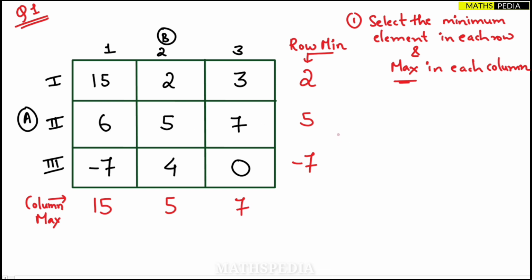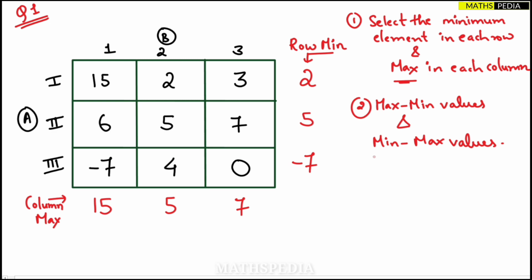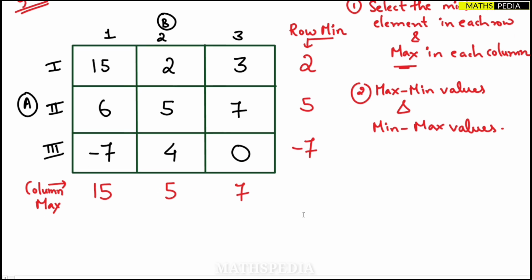Write it in this form, very important. Next, the second step, we have to now find max min values and min max values. Okay, this is the second step, a very important step. Try to understand here what max min values are.